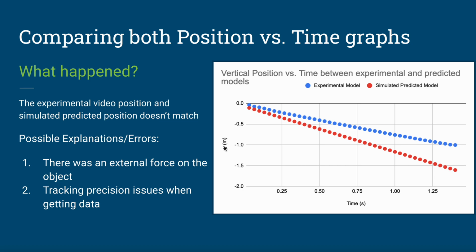First, there could have been some external force on the object in the video, maybe a hand pushing it, or some friction forces such as air friction. Some other explanations could be that there were some tracking precision issues when getting the actual data.